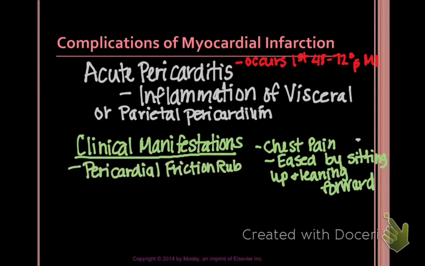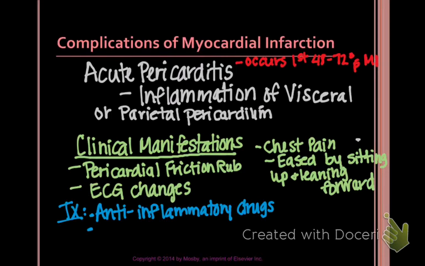They can have a pericardial friction rub. I'm sure if you haven't heard those on our sounders or on one of the mannequins, it just sounds like a rub. You can hear an abnormal sound in the heart when you listen to the heart. ECG changes: remember we talked about this, you may see diffuse ST segment elevations.